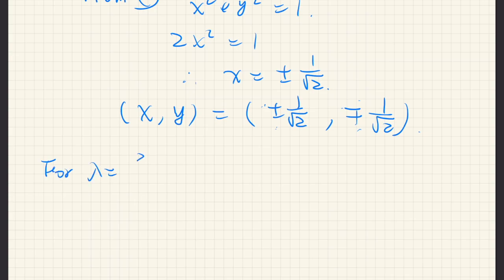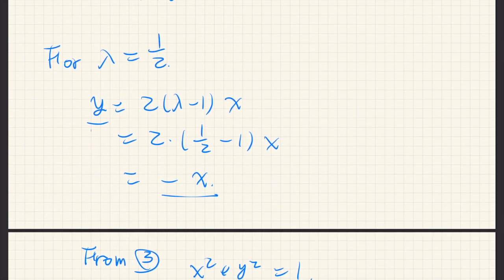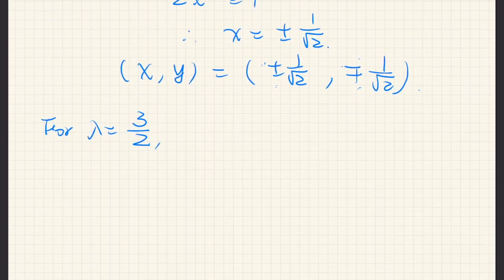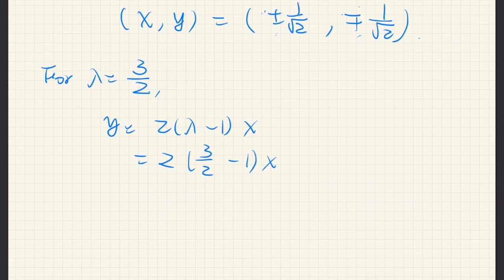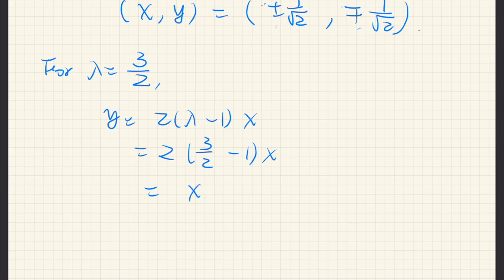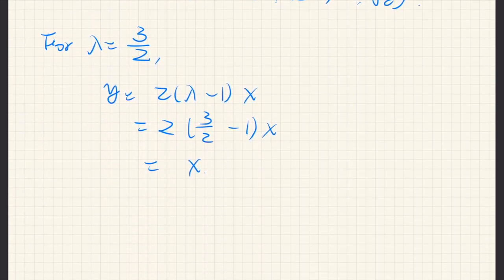for lambda equal to 3 over 2. Again, we use this equation, and y is equal to 2 lambda minus 1 times x. So 2 times 3 over 2 minus 1 times x, so that is x. Okay. Again, from the constraint, we have x squared plus y squared is equal to 1.